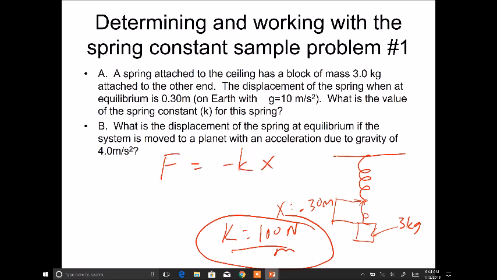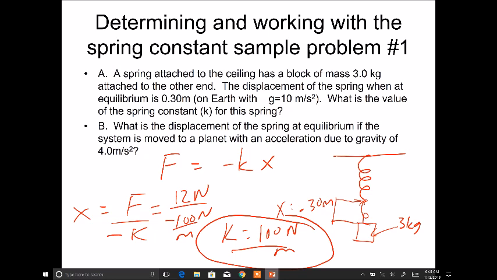Well, in this case, we're going to go back to Hooke's law. This time we're going to solve for x. So x is going to be equal to F over negative k once we divide that out. So our force on this new planet is going to be the mass, 3, times the acceleration due to gravity, 4. So the new force is going to be 12 newtons. k is still the same, 100, negative k here, newtons per meter.